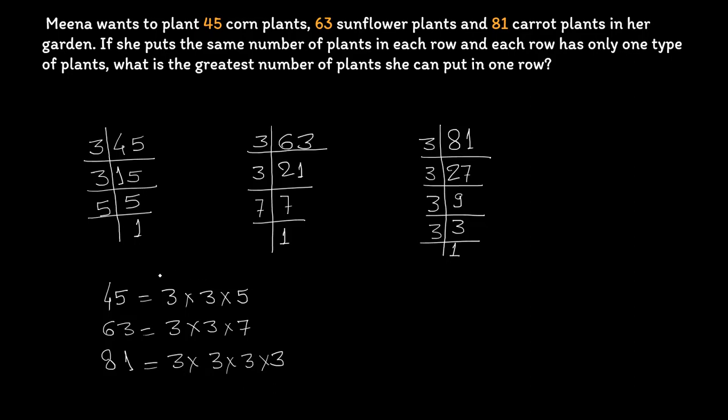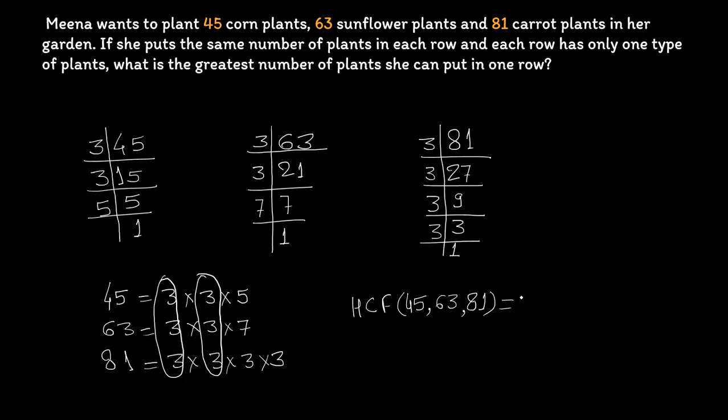The next step, we find common factors in all 3 numbers, which is 3 times 3. So HCF of numbers 45, 63 and 81 would be equal to 3 times 3, that is equal to 9. Now you can suggest to Meena that she should plant 9 plants in each row.